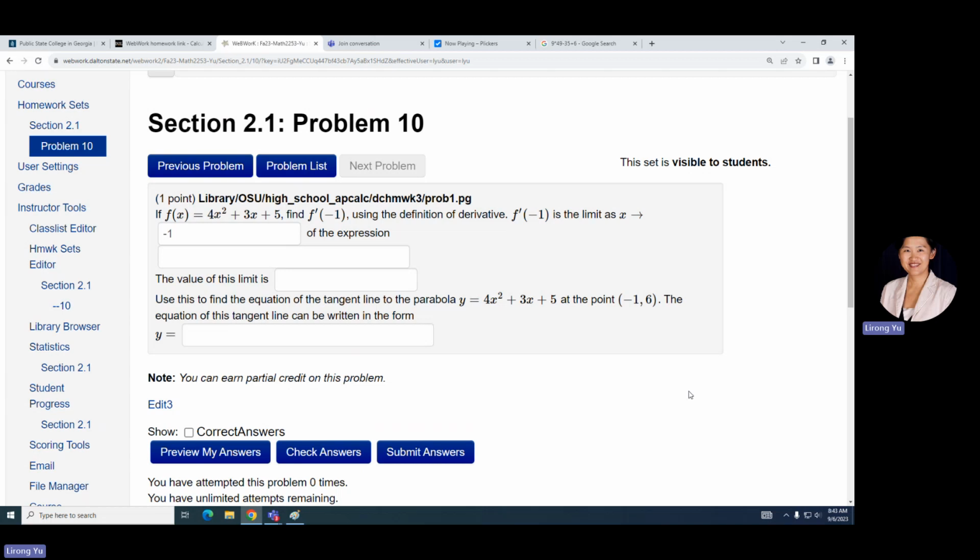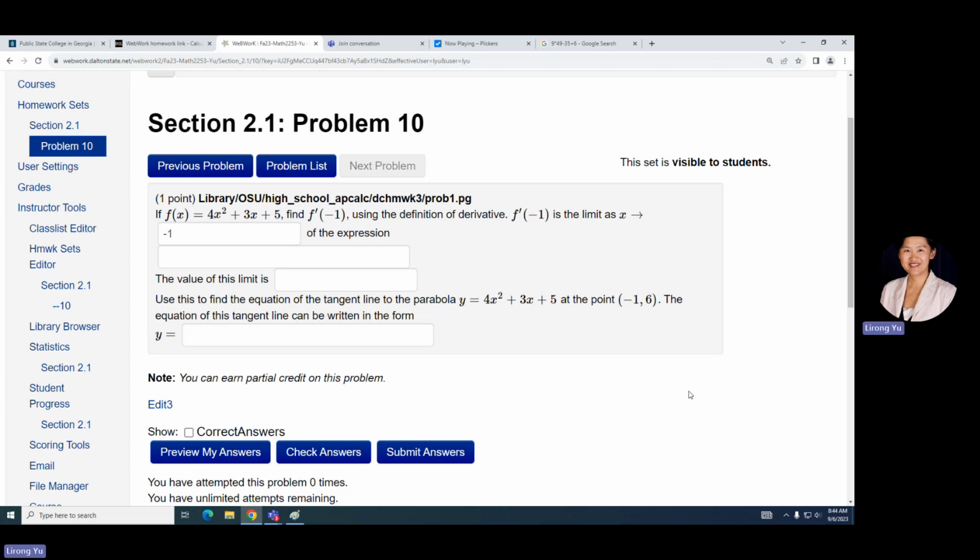Instead of f of -1 plus h, we have f of x minus f of -1. We're calculating a slope, and a slope is the subtraction of the y values divided by the subtraction of the x values. So what are our x values? X is one x value, and -1 is the other, so we subtract the two x values.